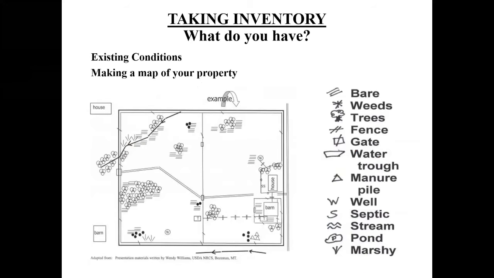One of the things that myself and other natural resource specialists do when we go out to folks' property is take inventory. What are the existing conditions? It's a good idea to draw a map, just on a scrap piece of paper. What do you have there? What buildings do you have? What wet areas do you have? Where are the weeds? Where are things in really good condition?